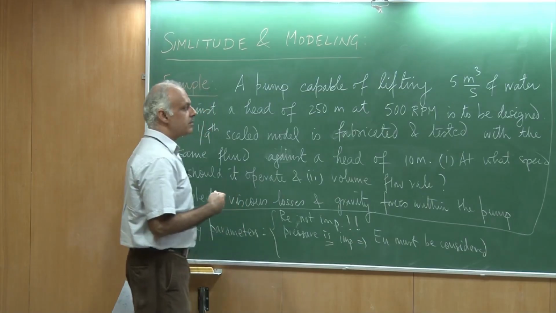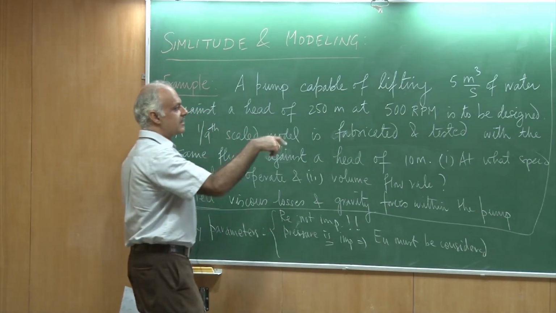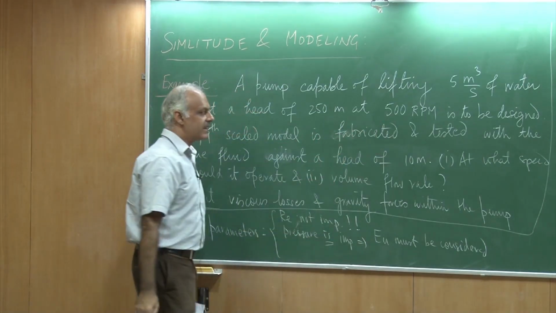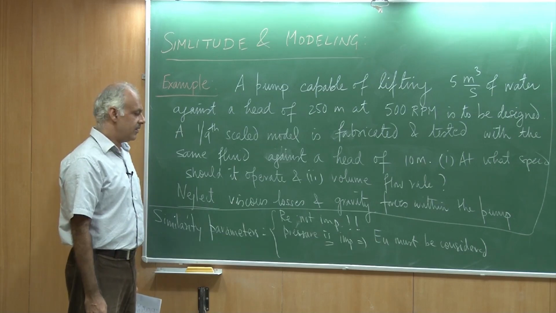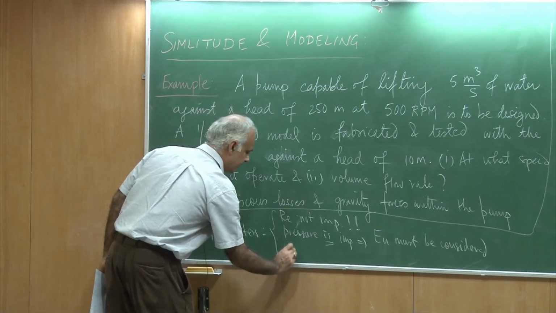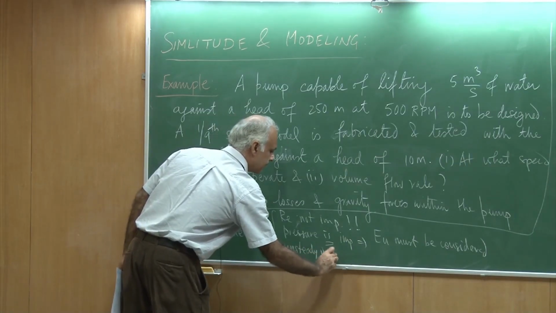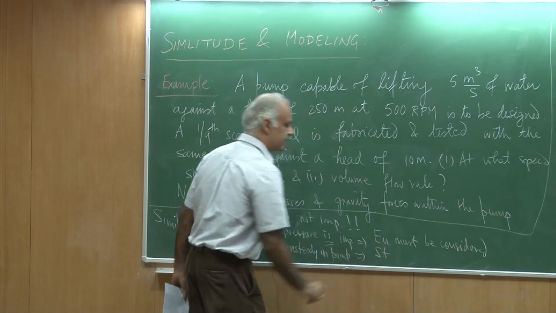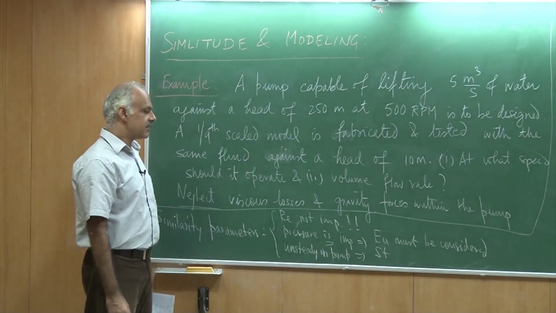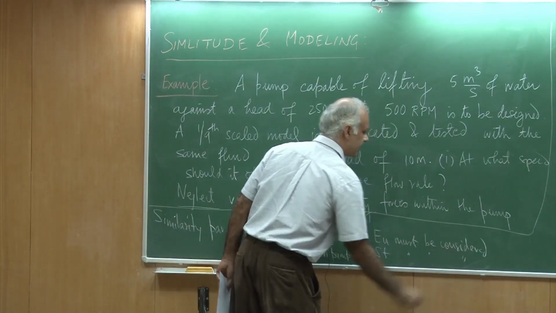The flow through the pump is unsteady, because actually it has moving parts and the RPM is given as 500. So, therefore, the flow is unsteady in the pump, which actually implies that Strouhal number, which relates the frequency, that also must be considered.